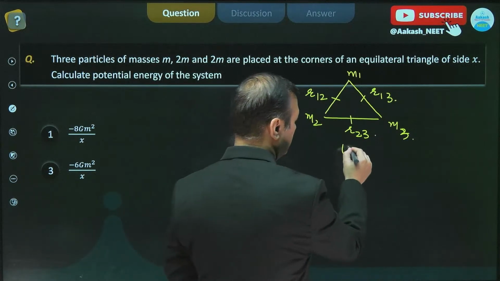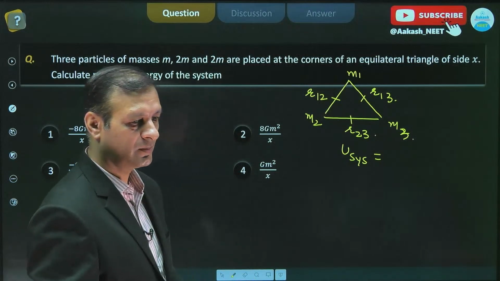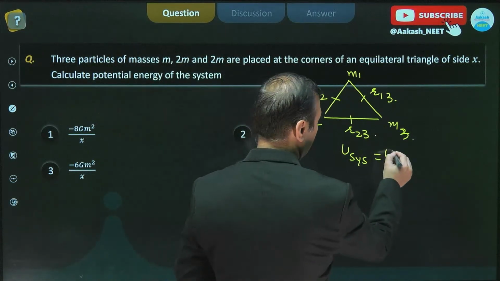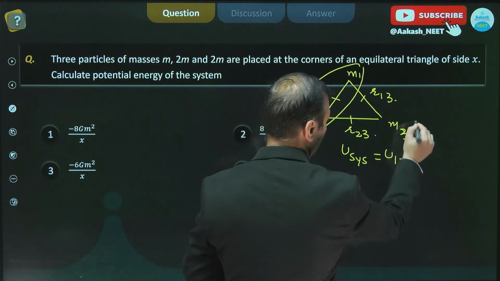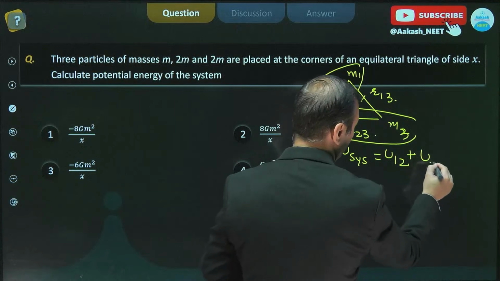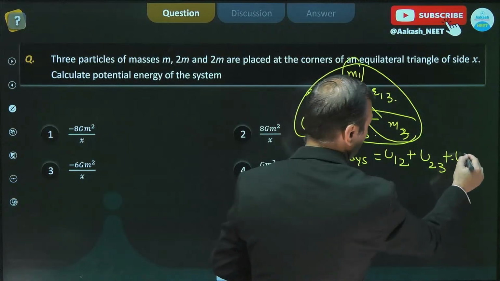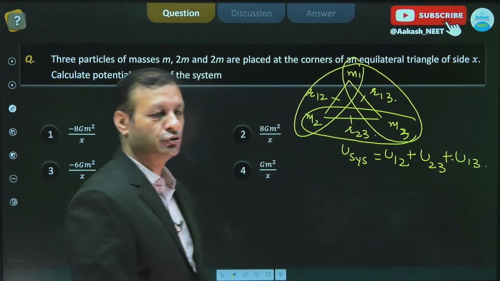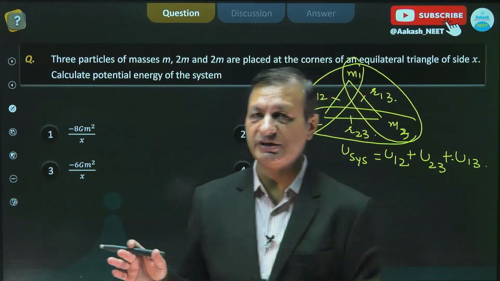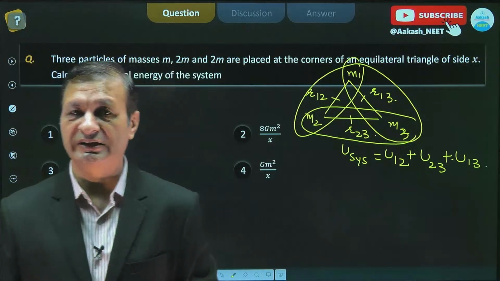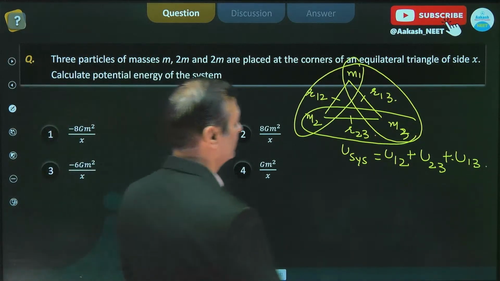When you are asked to find the potential energy for the system, how many pairs are there? This is one pair, this is another pair, and this is another pair. The potential energy for all three pairs would finally be added to define the potential energy of the system. This is very simple now.